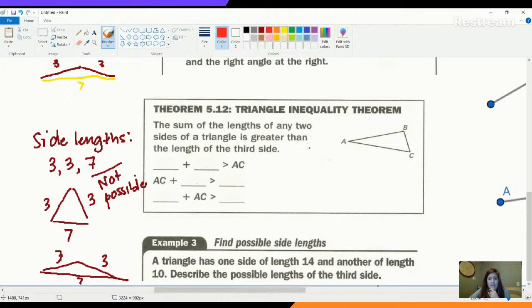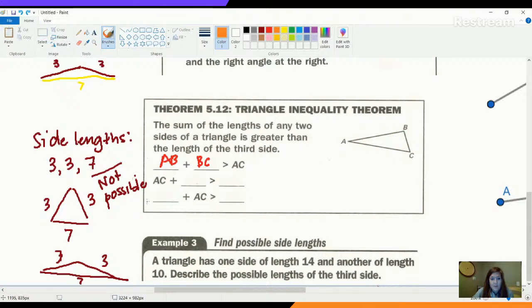All right, so in this picture, we have triangle ABC. If I add side AB plus side BC, so this plus this, those added together have to be bigger than that side. But it's not just that you can check one set, you have to check all 3 combinations.